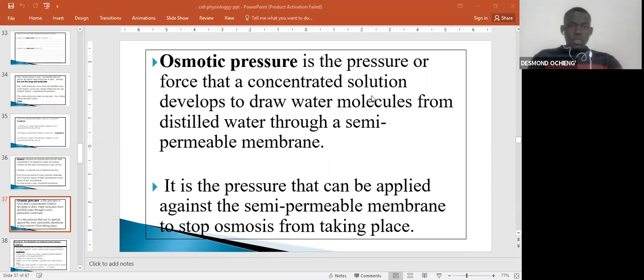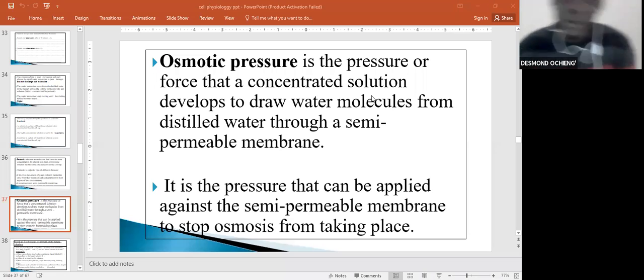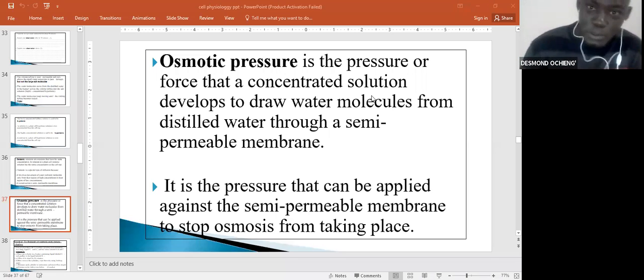Now, the word osmotic pressure, I think we have all heard about it in very many cases. I want us to look at what osmotic pressure is about and what osmotic potential is. We'll start by looking at osmotic pressure.